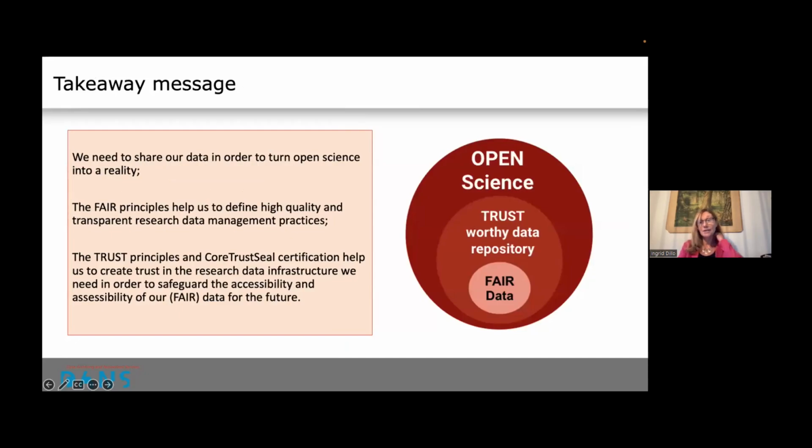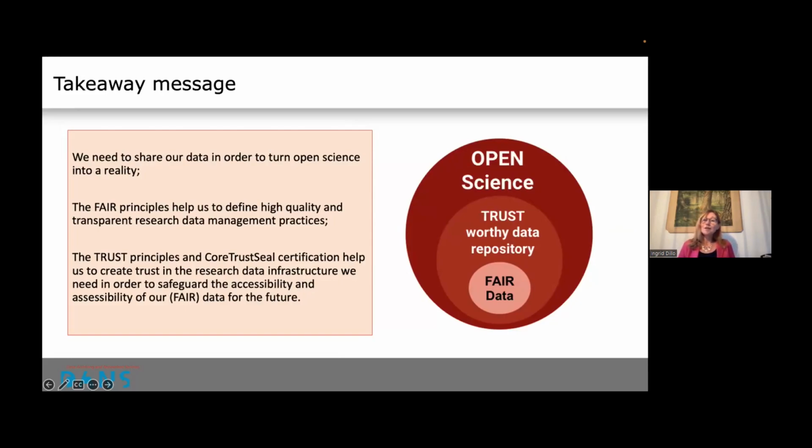So I'm coming to the end of my presentation, and this is really the takeaway message that I would like to leave you with. We need to share our data. They are a very important element if we want to turn open science into a reality. Now, the FAIR principles help us to define high quality and transparent research data management practices, like I told you, but I think it's not enough.